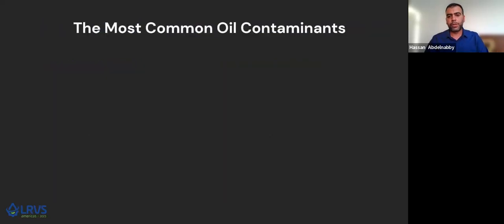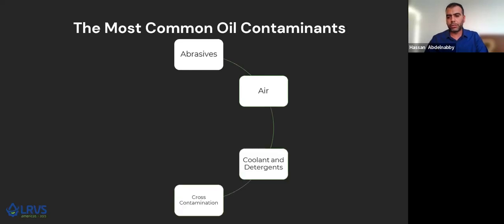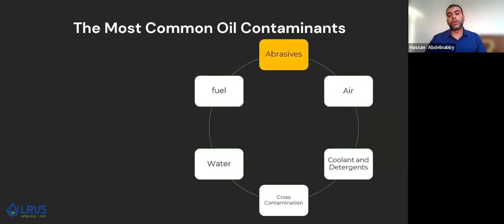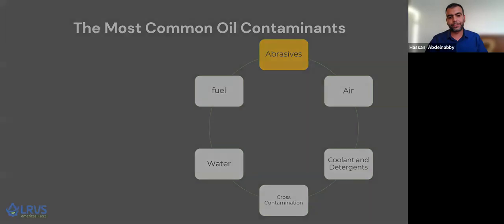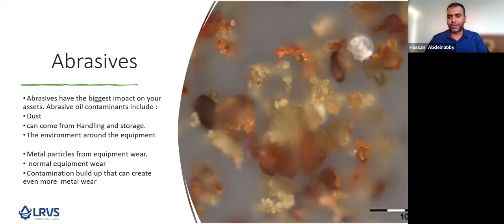There are some common contaminants in the oil that we're going to discuss briefly here. We have abrasives, air, coolant, cross-contamination, water, and fuel. Abrasives are a huge enemy. Dust can come to your equipment from the environment.